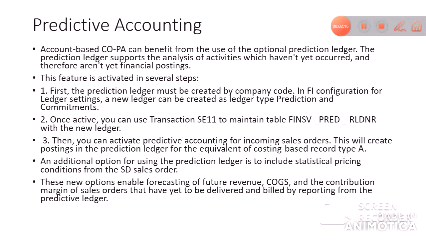You can activate predictive accounting for incoming sales orders, and an additional option for using prediction ledger is to include statistical pricing condition from the SD sales order. So we can use the options to enable forecasting for future revenues and contribution margin of sales order. So this is like predicting the future things yet to be delivered and billed.